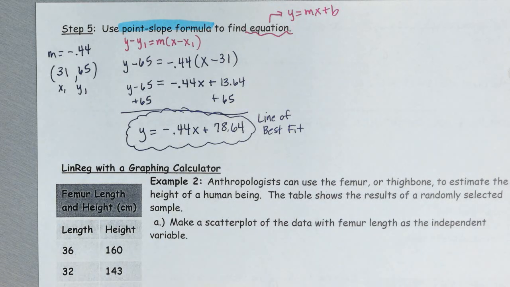But if we're using these models to make predictions, we want to be as accurate as possible. And that's why we have programmers who make beautiful applications that allow us to enter data, and the graphing calculator is going to do this computation for us to help us get the line of best fit.